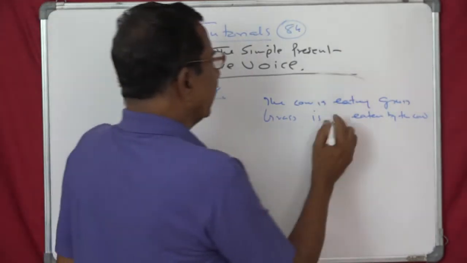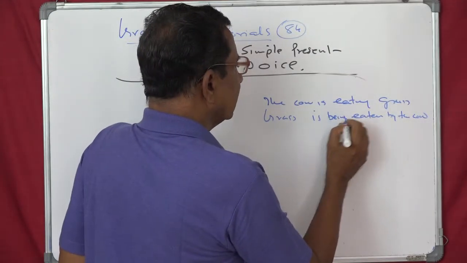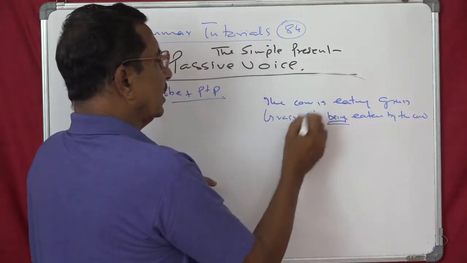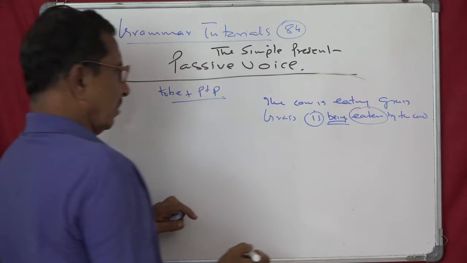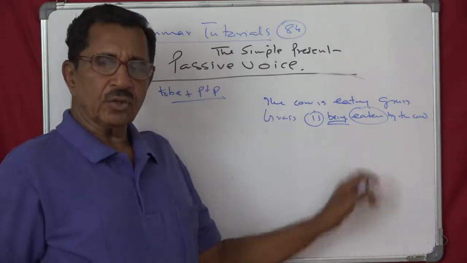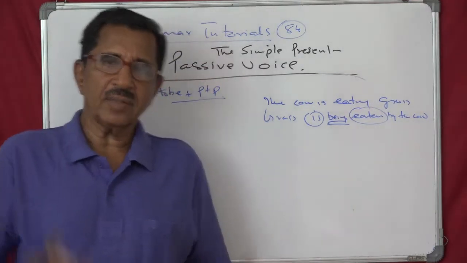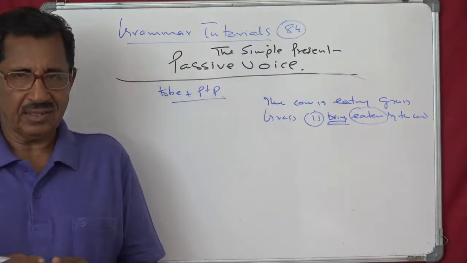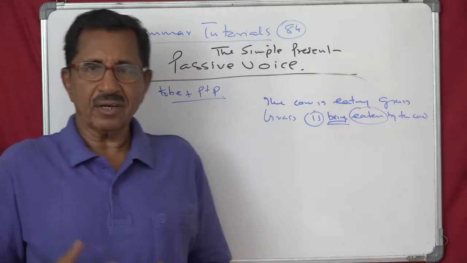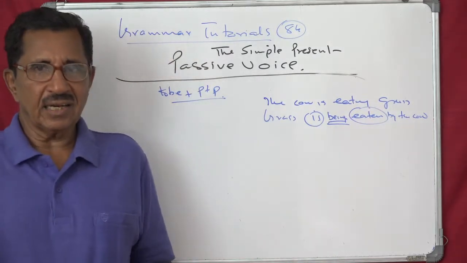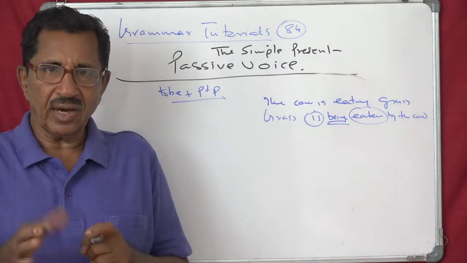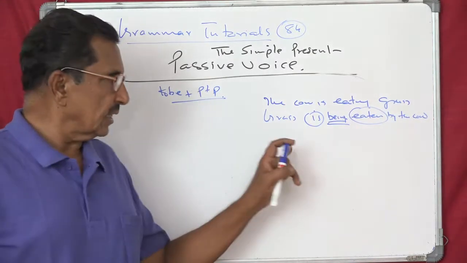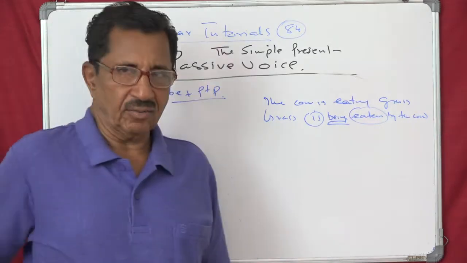So grass is being, this is continuous. Grass is being eaten by the cow. See, is eaten, same. Just now we saw the person. So to be plus past participle is passive. According to the aspect, like for example, continuous, then perfect and so on, you have to add different forms of be also. In this case, it is being because it is continuous. Right.